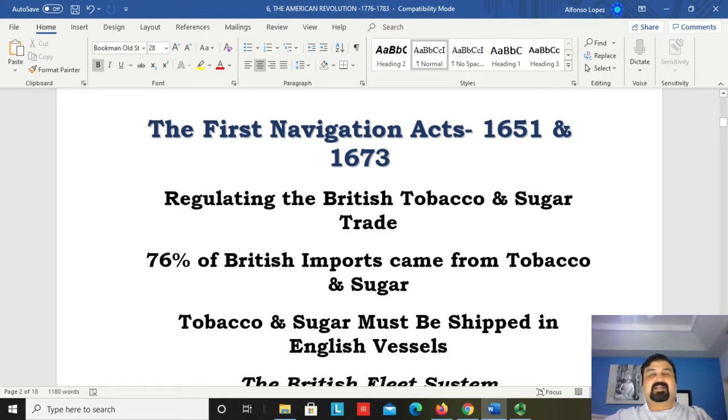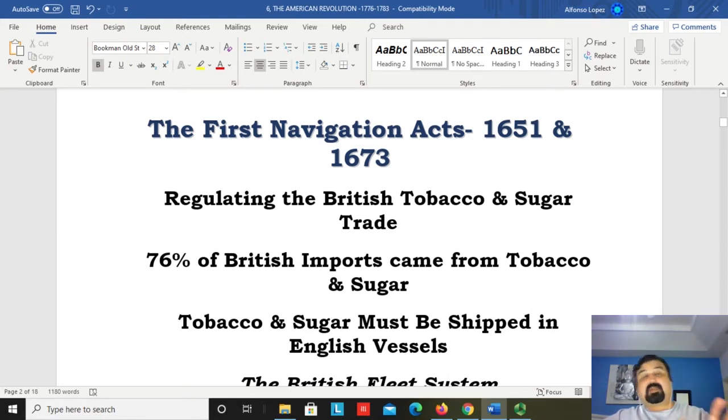So those were the bulk of the goods that the British produced overseas. In a very real sense, tobacco and sugar were sustaining the British economy at this point.